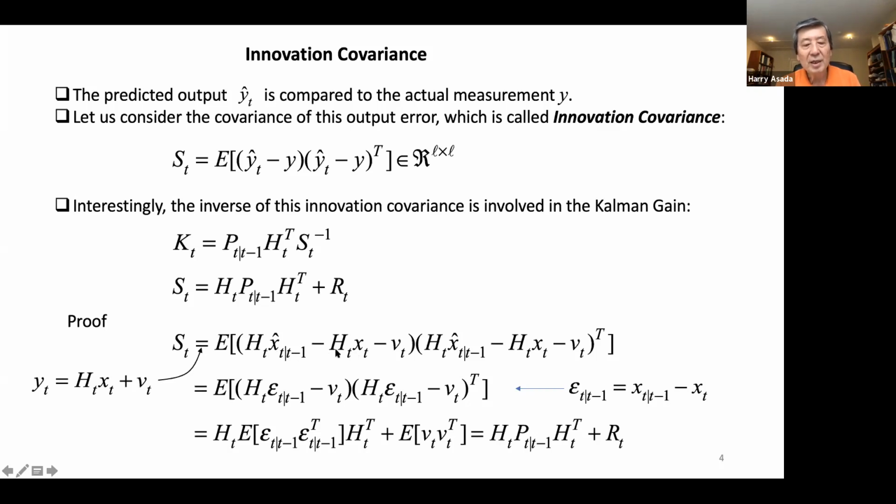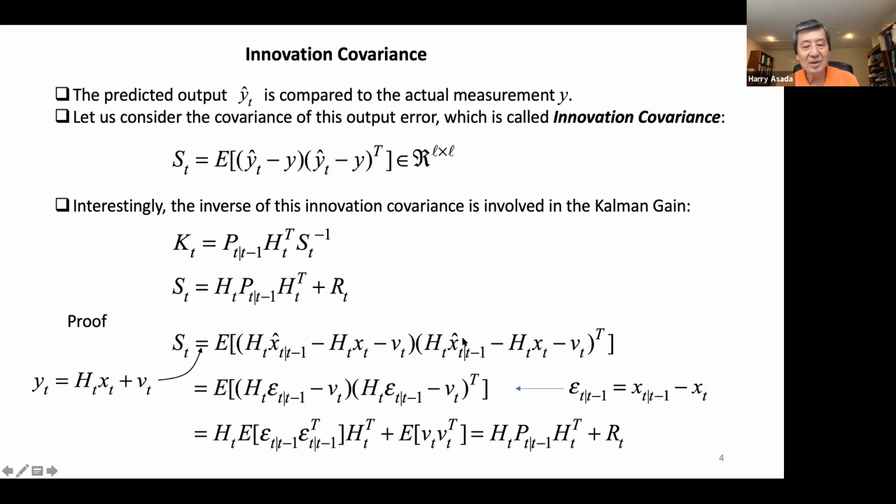As you can see here, if we factor out H_t, you get the difference between x_{t|t-1} and x_t. That's nothing but this a priori error. So let's put this into here, and then we simplify this. Next is to distribute this and compute the whole expression. In doing so, we have the cross terms between epsilon_{t|t-1} and v_t.